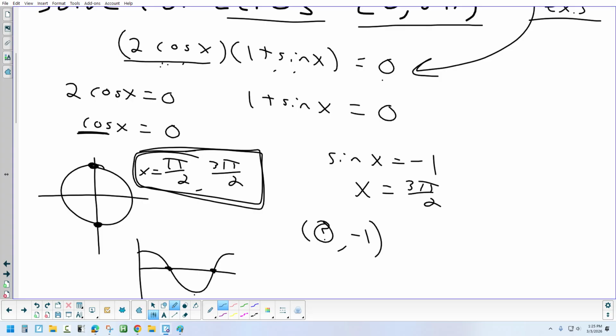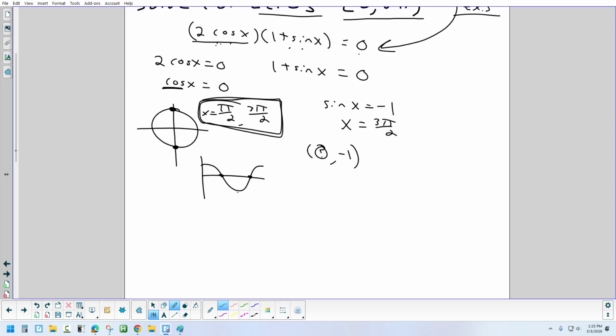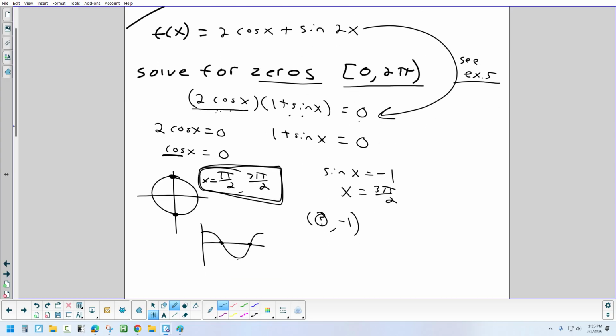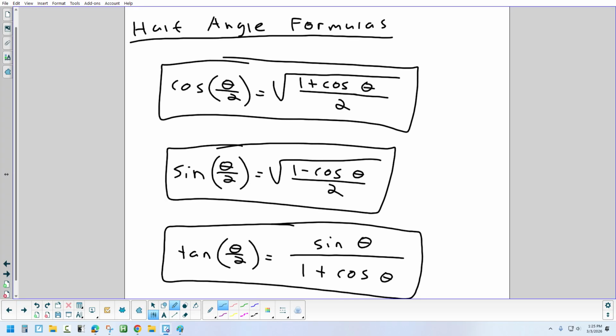So this is what 7.6 is. It's solving equations. So we'll try maybe one more of those, and that'll be it for today. So the half-angle formulas, I'm going to give them to you. Honestly, they're not formulas that I use when I'm trying to solve a problem very often.